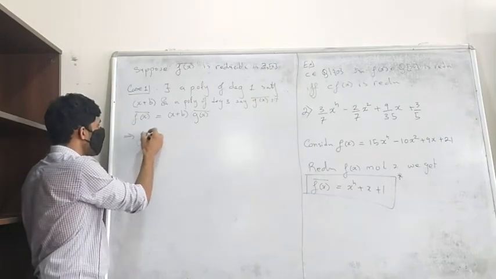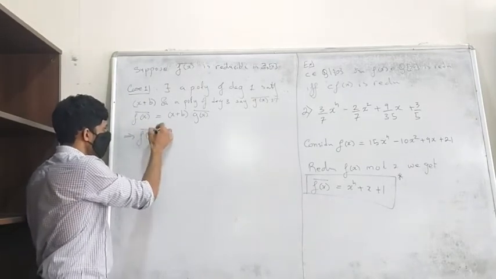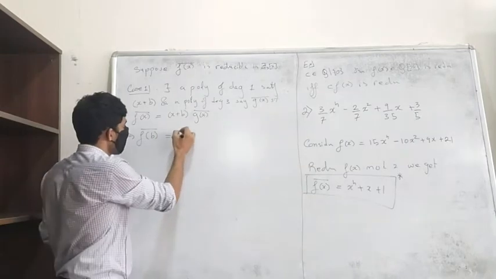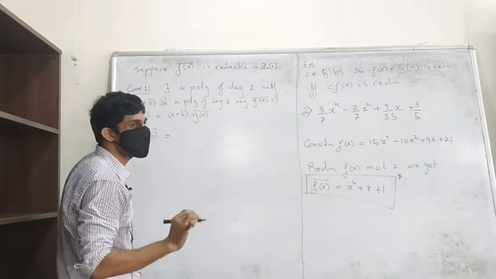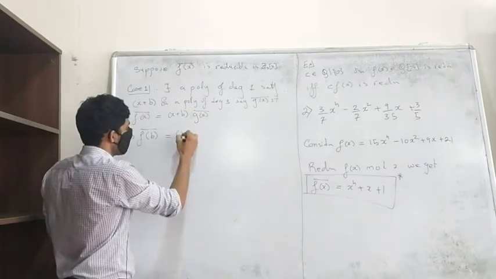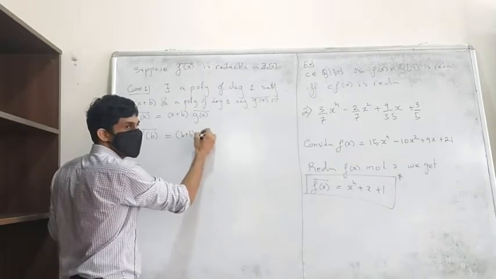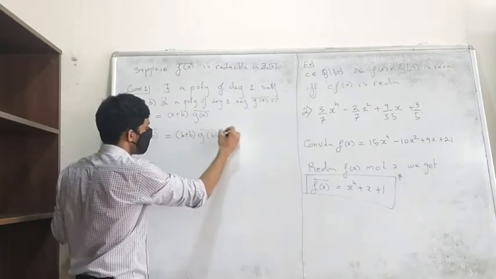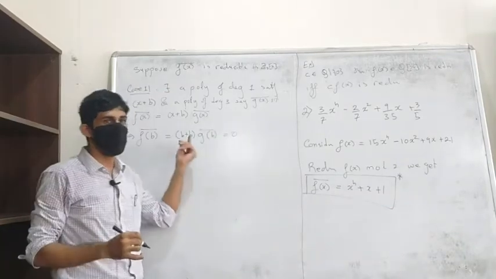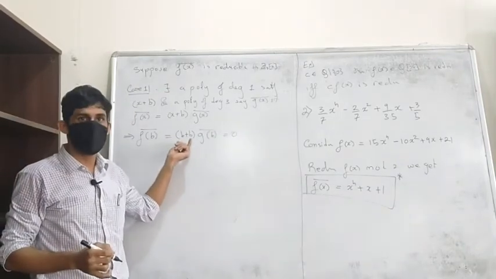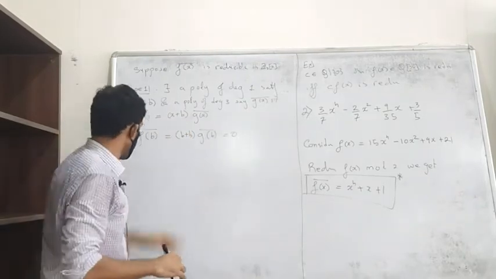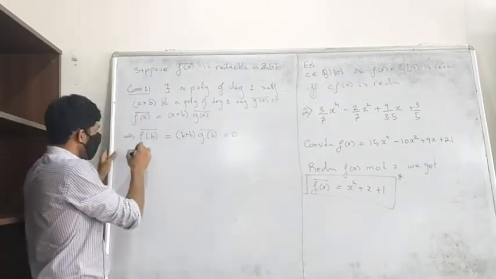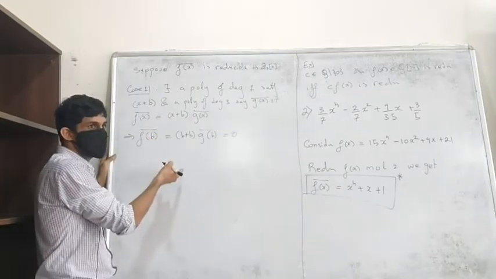But what will this mean? This will mean that f of b bar, because b and minus b are the same thing in Z2, would be b plus b times g of b bar, which is 0. Why is this 0? Because 2b is a multiple of 2, so you get 0 there. So can this take place for any b?